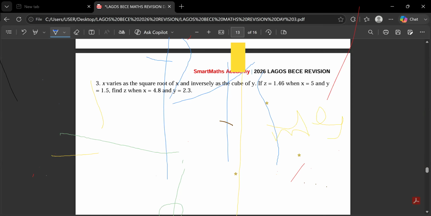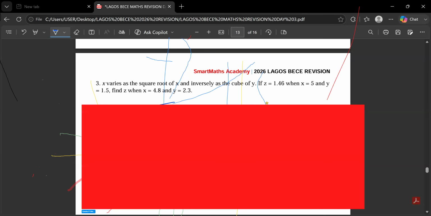Okay, so this one is joint variation. z varies as the square root of x and inversely as the cube of y. So z varies as the square root of x, and inversely, that is times 1 over the cube of y, y raised to power 3.